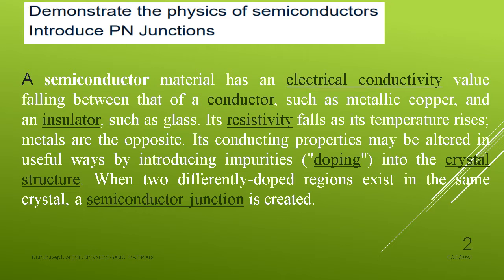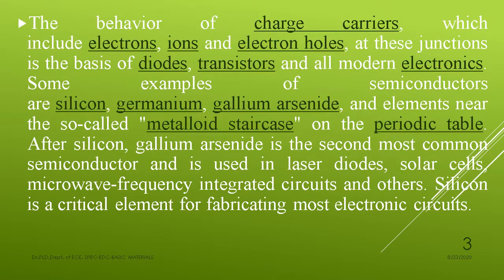By joining these two types of semiconductors together, it creates a junction in between. The behavior of charge carriers, which include electrons, ions and electron holes, at these junctions is the basis of diodes, transistors and all modern electronics, which exist based on the combination of n-type and p-type semiconductors.